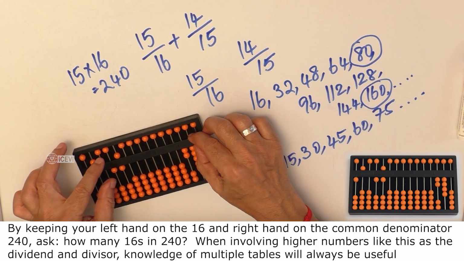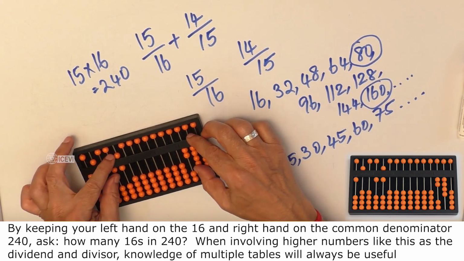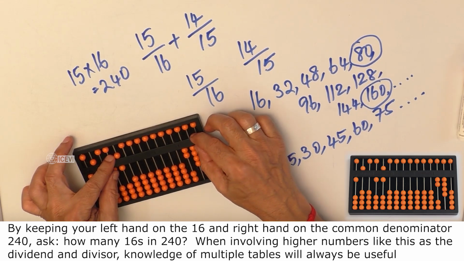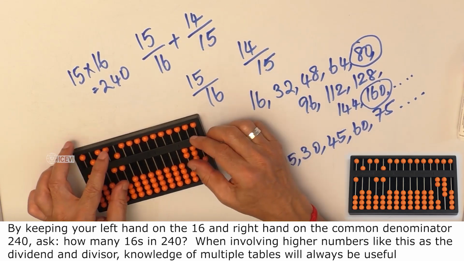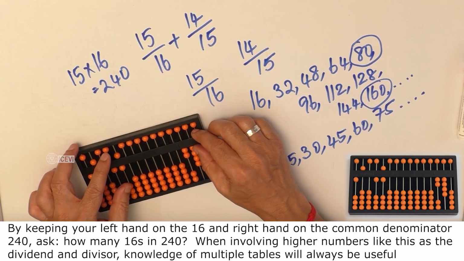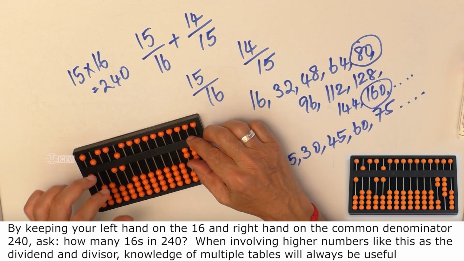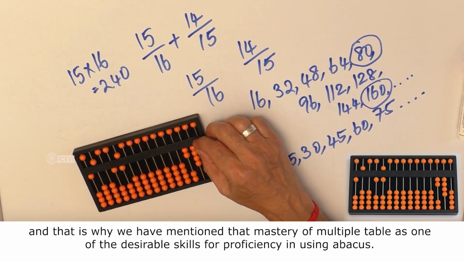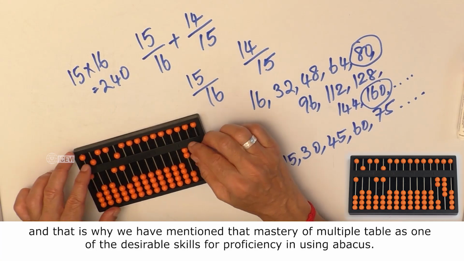By keeping your left hand on the 16 and right hand on the common denominator 240, ask how many 16s in 240. When involving higher numbers like this as the dividend and divisor, knowledge of multiplication tables will always be useful, and that is why we have mentioned mastery of multiplication tables as one of the desirable skills for proficiency in using the abacus.